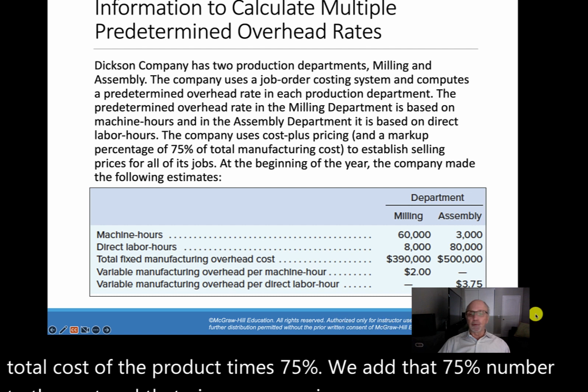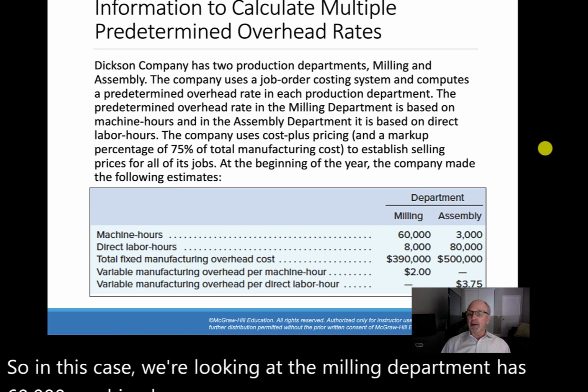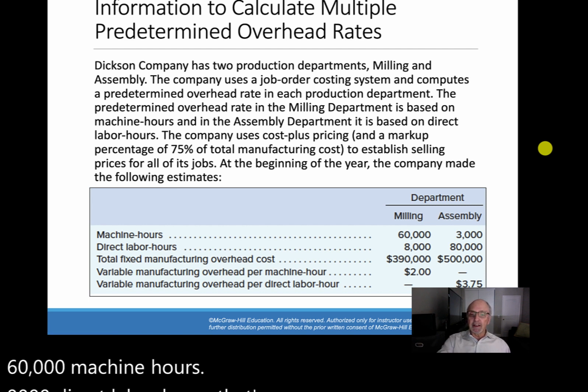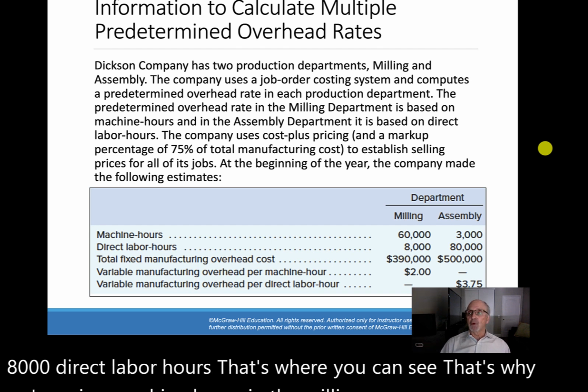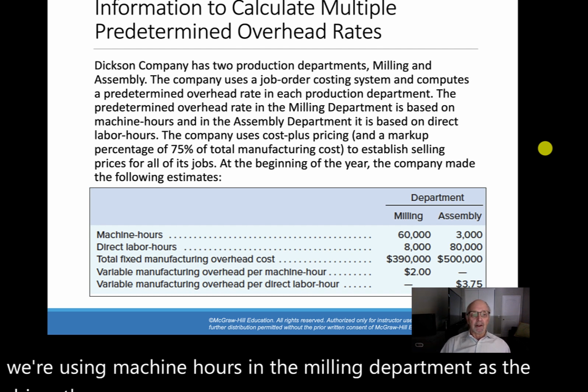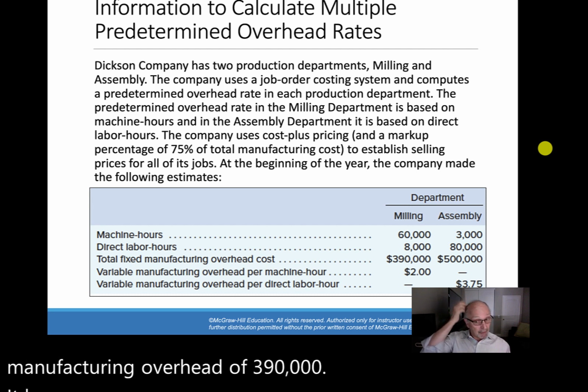So in this case, we're looking at the milling department has 60,000 machine hours, 8,000 direct labor hours. That's why we're using machine hours in the milling department as the cost driver. The milling department has total fixed manufacturing overhead of 390,000. It has a variable manufacturing overhead per machine hour of $2.